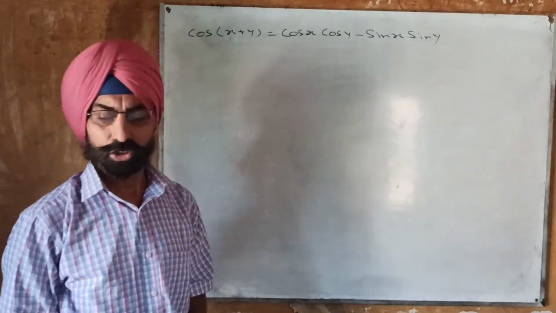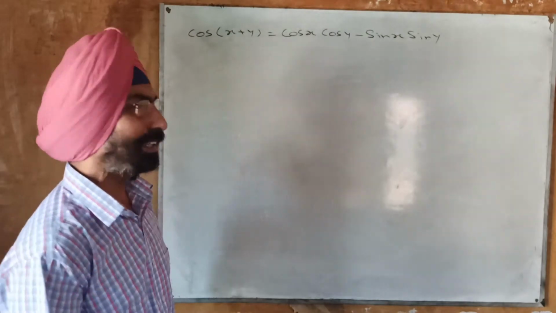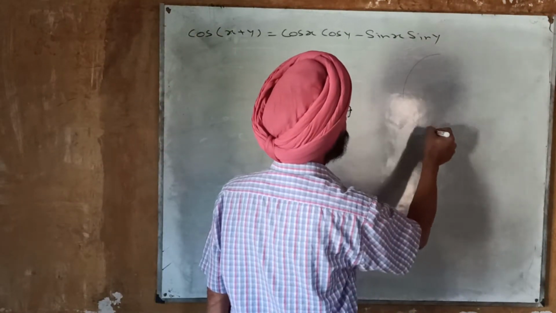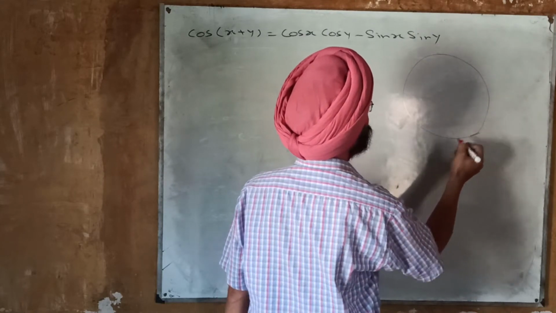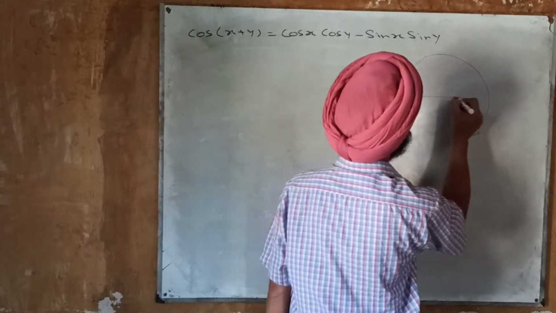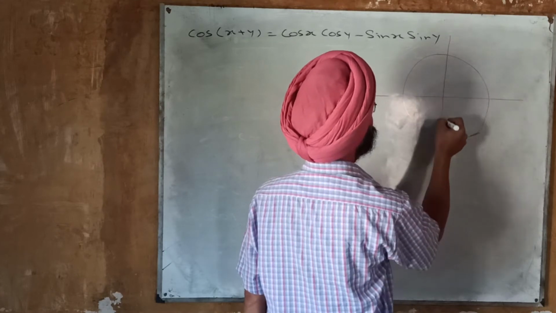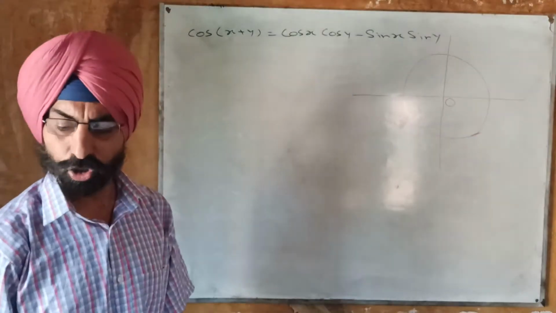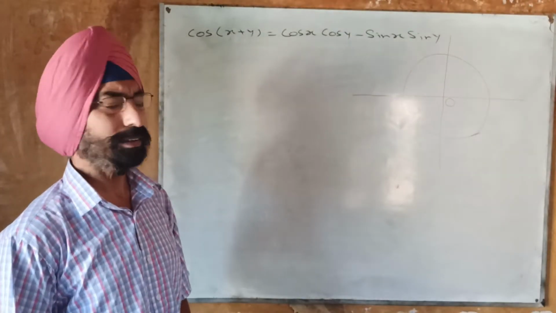So we will look into the proof of this trigonometric identity. First of all, draw a unit circle. This is the unit circle, and the center of the circle I am taking at the origin. Origin is the center of this unit circle.